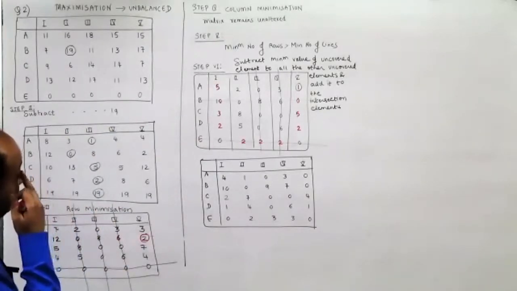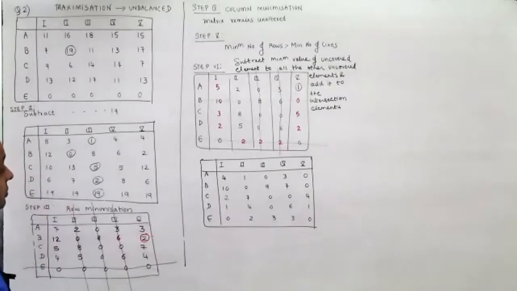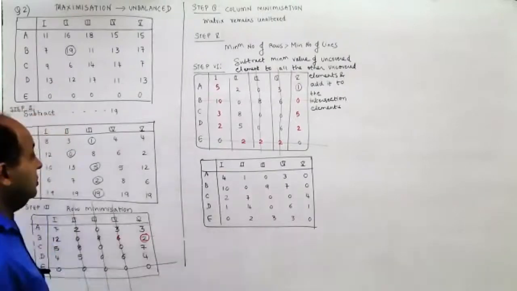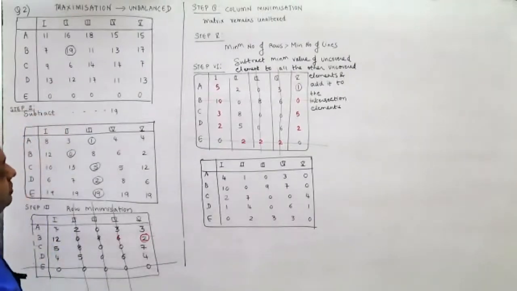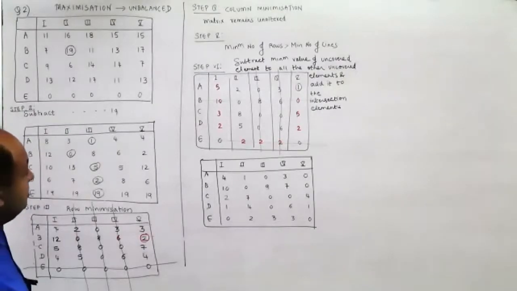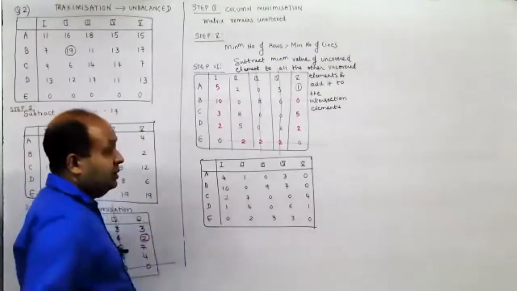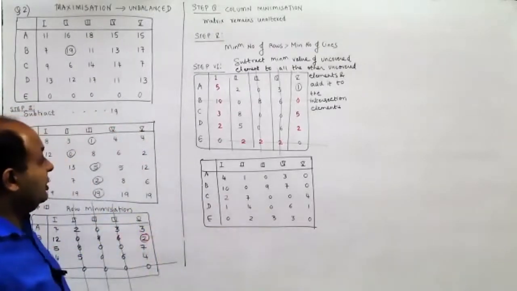Next. How many lines? I think now 5 lines would be required. Now minimum number of lines equals number of rows.